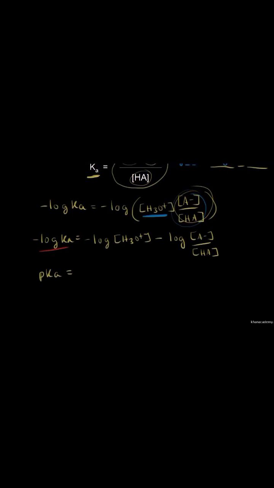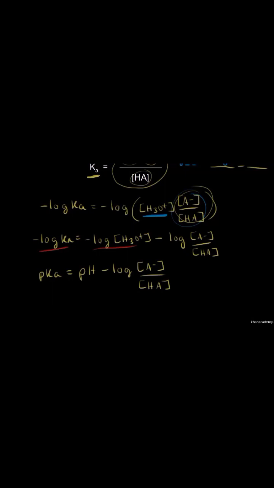Over here we have the negative log of the concentration of hydronium ions. That's equal to the pH. And then we have minus log of the concentration of A minus over the concentration of HA.